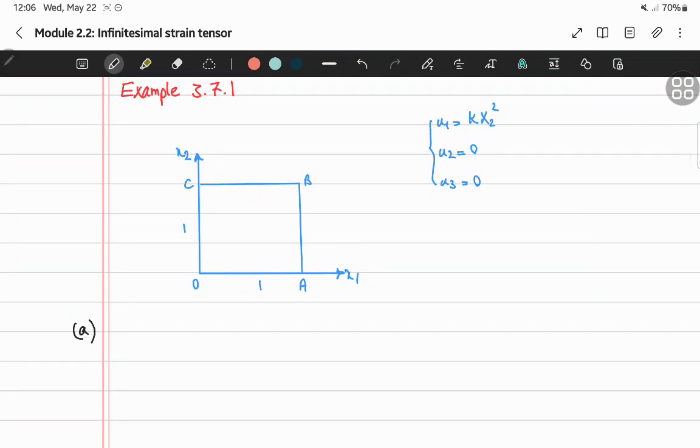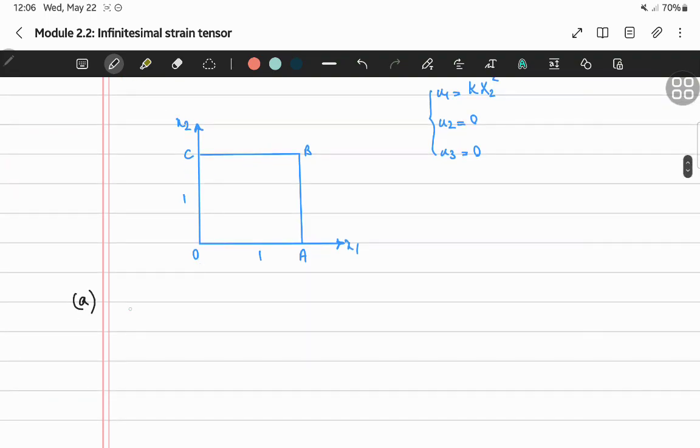deformed shape. So what we do, we have 4 elements in here: OA, AB, BC, and CO. So for the OA, every coordinate on OA has an x2 equal to 0.